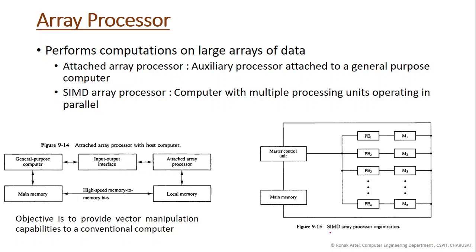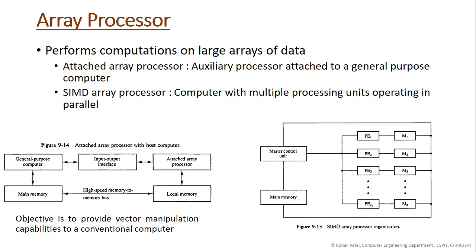The next is SIMD array processor, that is single instruction multiple data. What you have is a master control unit and different processing elements. This was not in the vector processor.